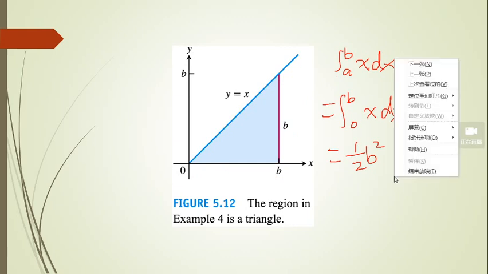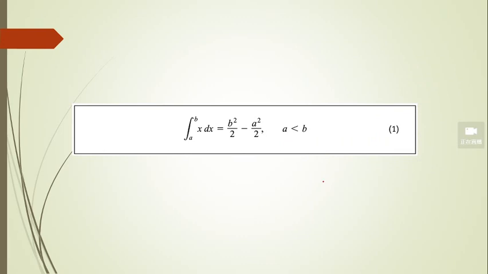So that is the triangle, that is the one we worked out. And usually when we write the lower limit, a should be less than b. Lower limit should be less than the upper limit. This is the case we discussed before, when our function f(x) is x, just a straight line, right?